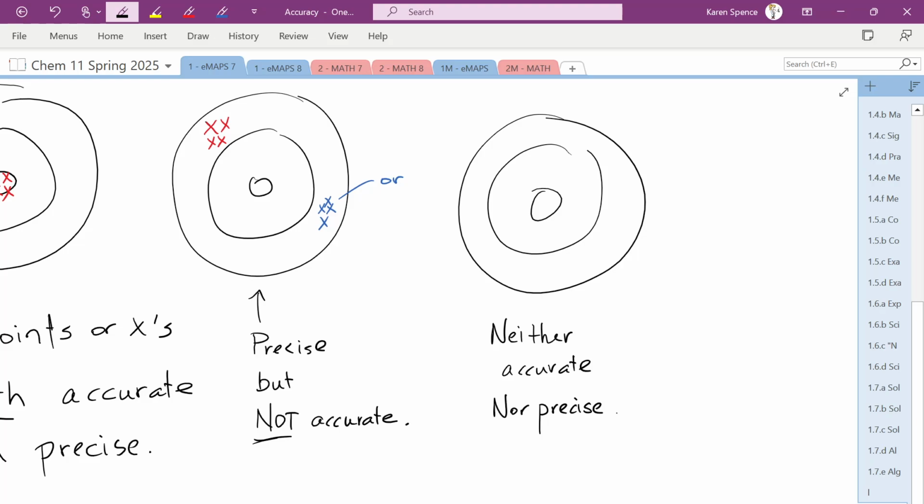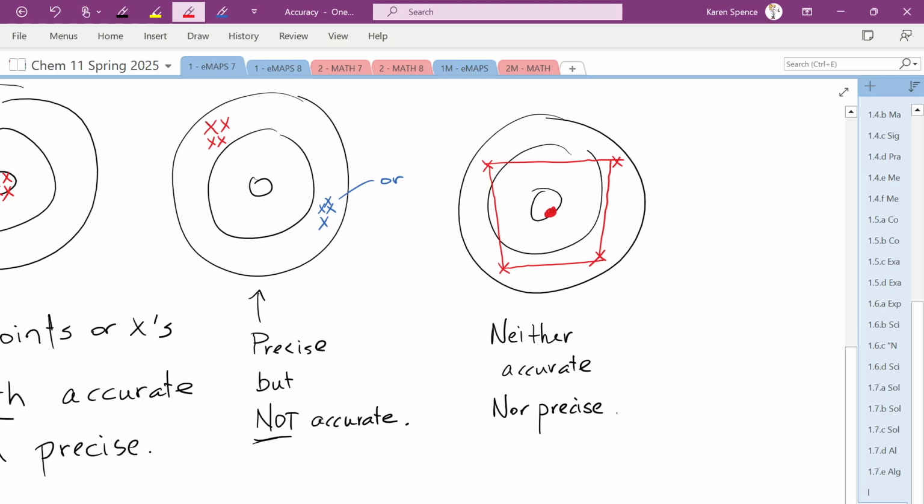Okay, so it's neither accurate nor precise. Now I'm going to let you know that this is tricky because most people want to do something like this. And if you did that, you've done what most people want to do. The only problem with that is it is definitely not precise, but if you take the average of these points, you draw a shape that connects them, and you say, where's the middle of that shape?